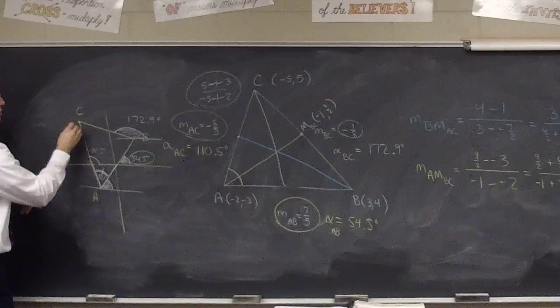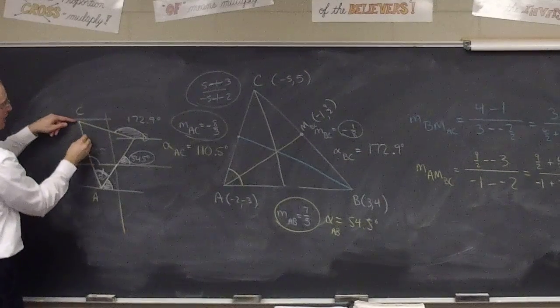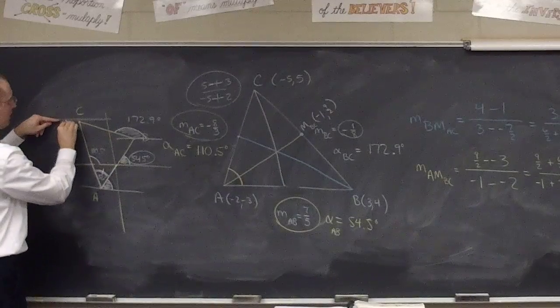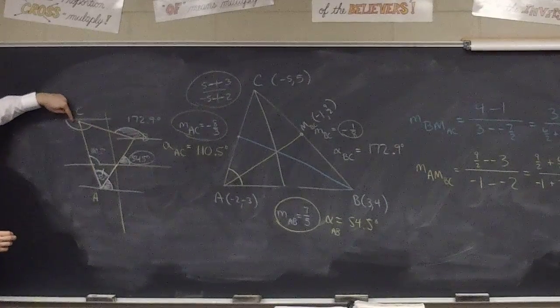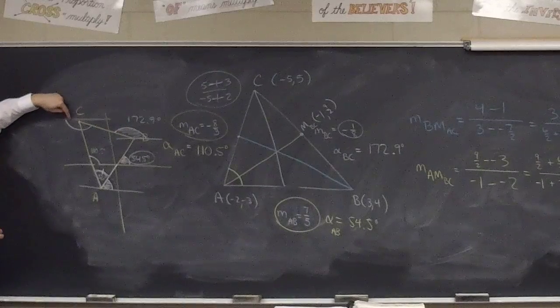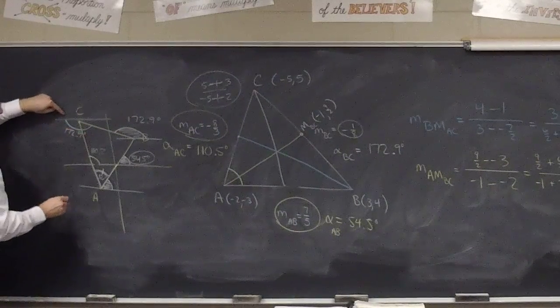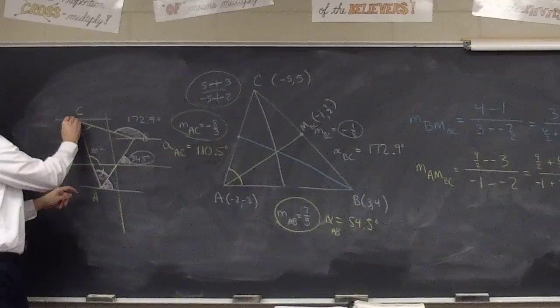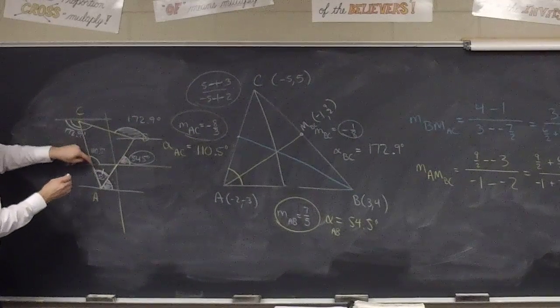And if I were to draw a parallel up through C, this angle here would be the alternate interior, wouldn't it? It's 172.9 degrees. But this angle is alternate interior to the 110.5.